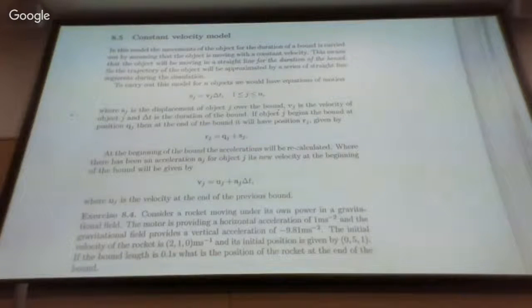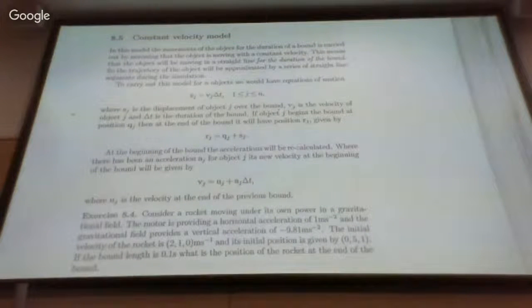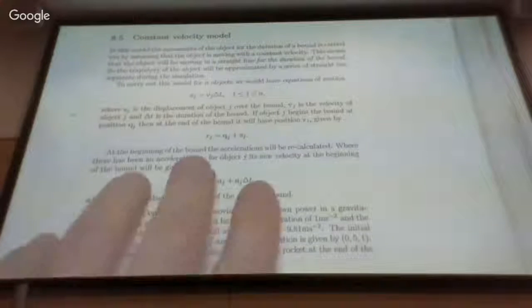So the displacement vector, we're simulating a three-dimensional environment. The displacement vector of object j will be the velocity that it has at the beginning of the bound, times the length of the bound. And so then we can have this expression here. The position of object j at the end of the bound will be Rj, which is its initial position Qj plus its displacement Sj.